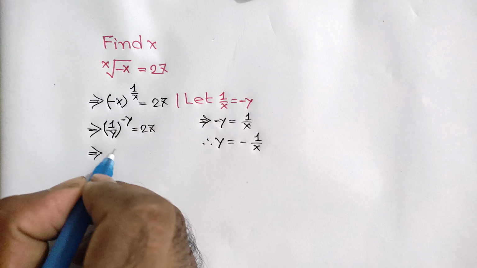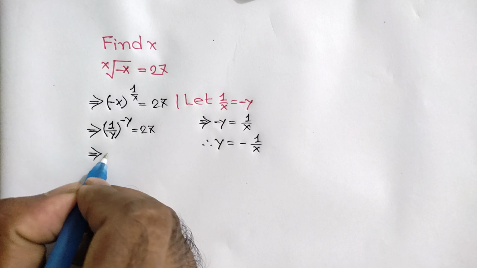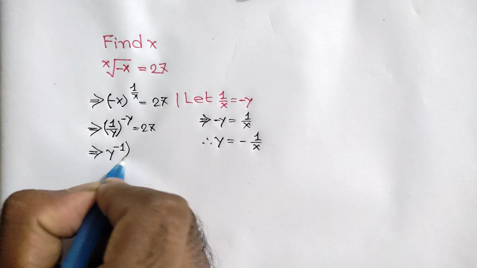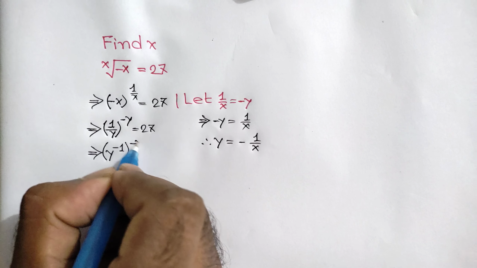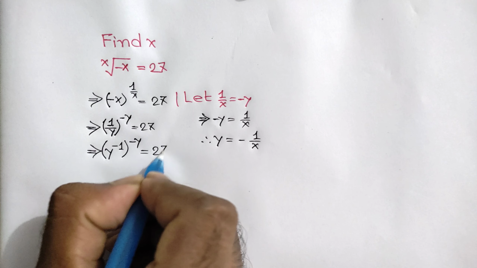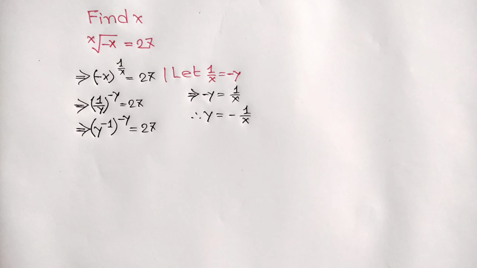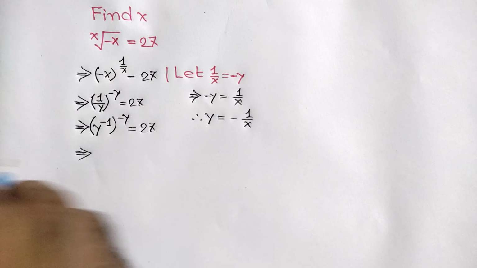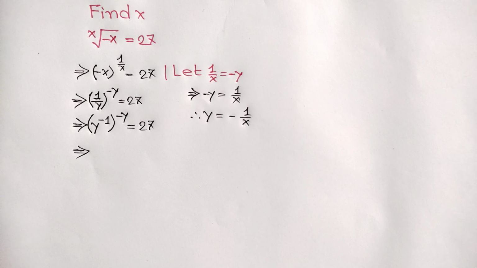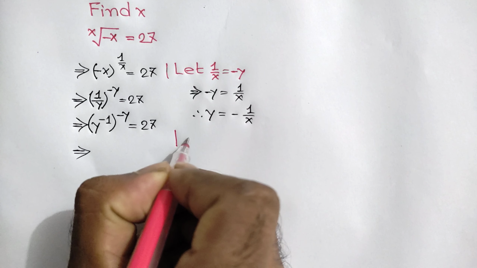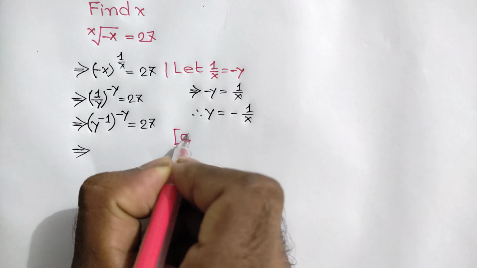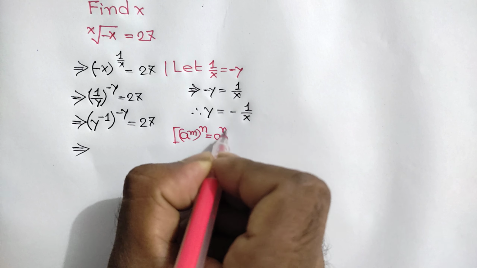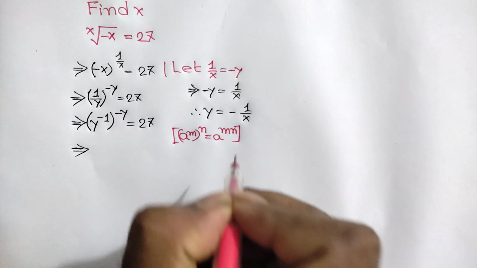Now we know that 1 over y means y to the power negative 1, so (y to the power negative 1) to the power negative y is equal to 27. We know an exponential formula: (a to the power m) to the power n is equal to a to the power mn.